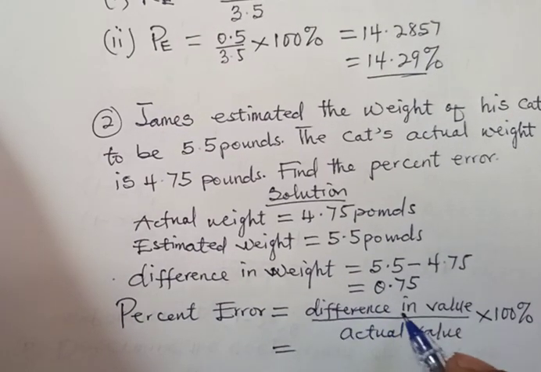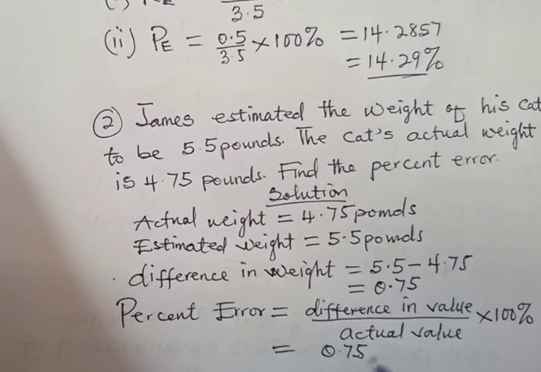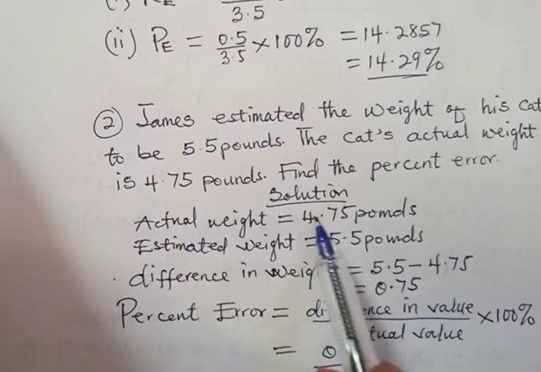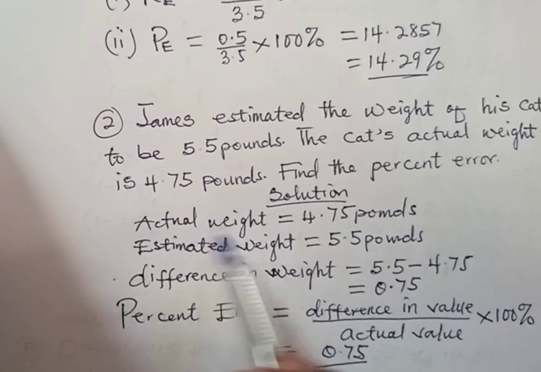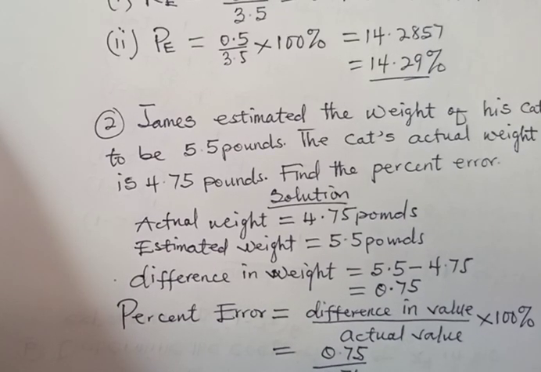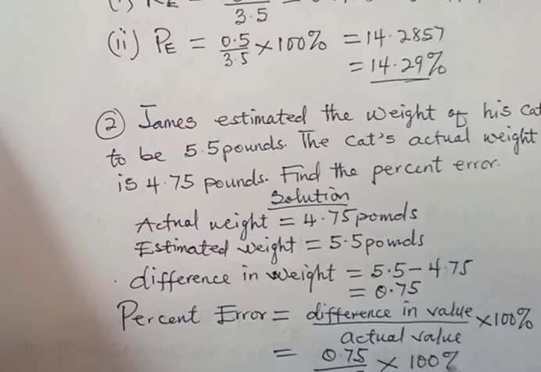Now our difference in value is giving us 0.75, all divided by the actual value. What is the actual value? It is the actual weight or the original weight, which is 4.75, then times 100%.